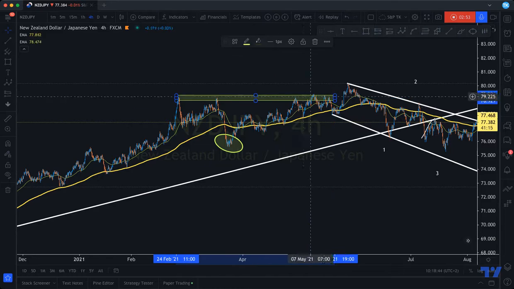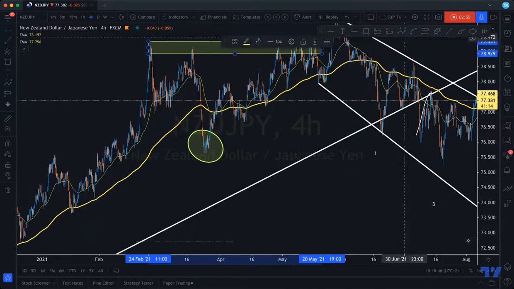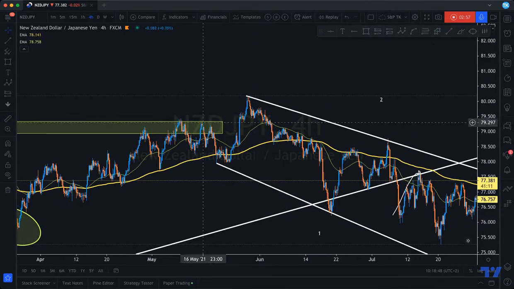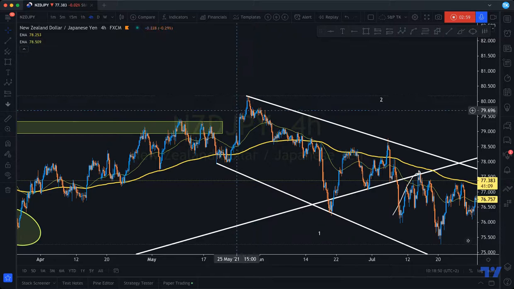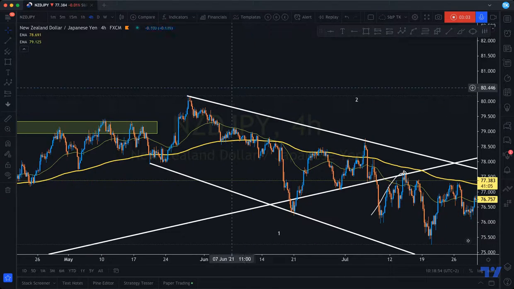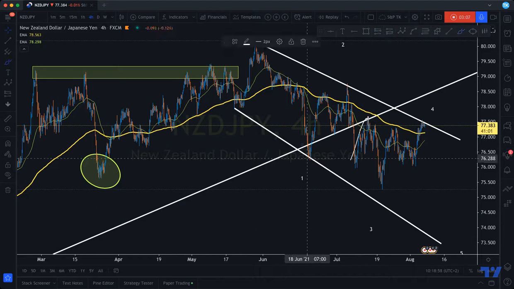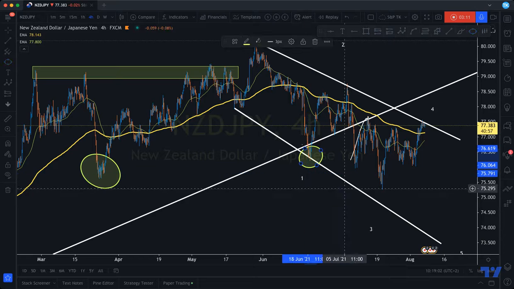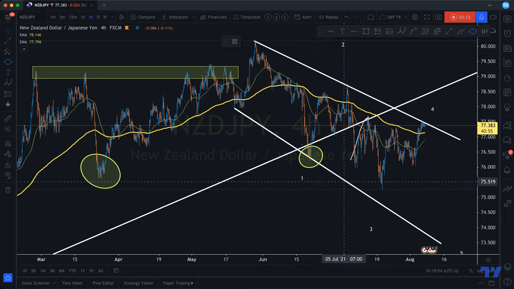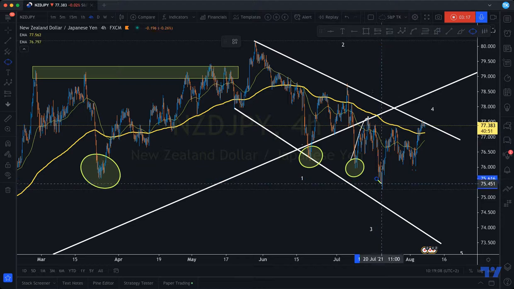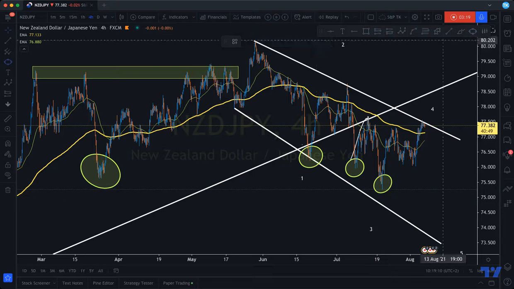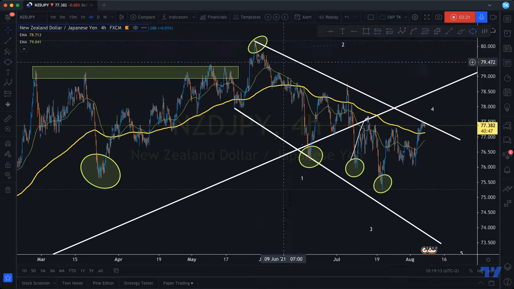Look how many times price reacted here, and then here a very huge liquidity catching. Second signal of weakness. This is Wyckoff, guys. Second signal of weakness, and then lower lows and lower highs.